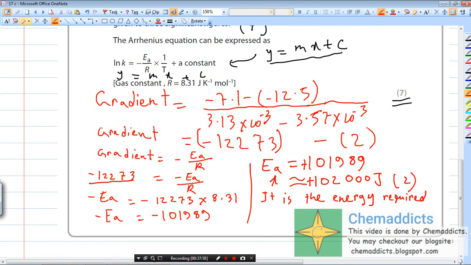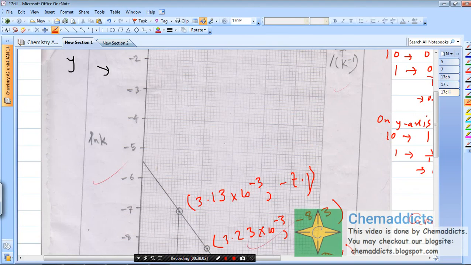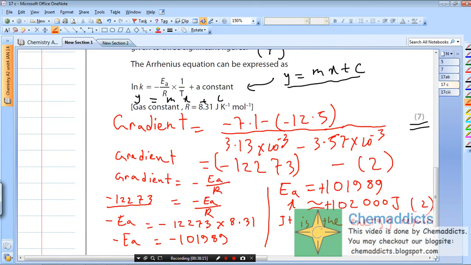By the look of the graph, you may say that this should be a negative gradient since the line is facing downward. So for your calculation, the gradient must come negative, then your EA should be positive.